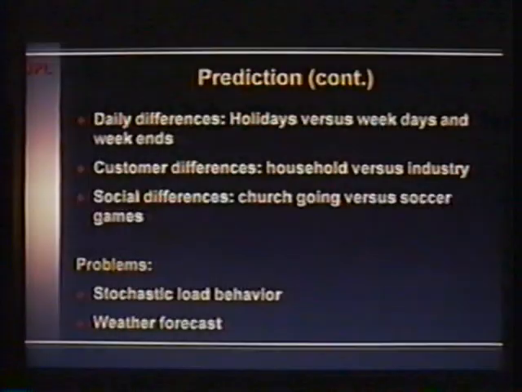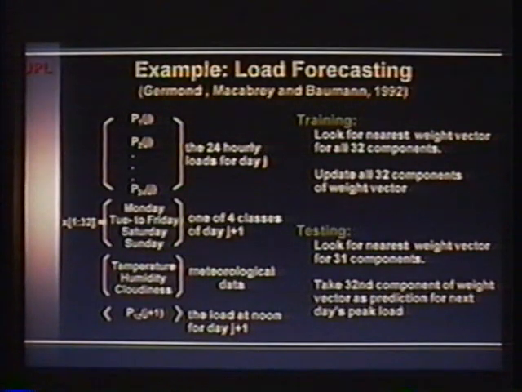We have daily differences, holidays versus weekdays and weekends, customer differences, household versus industry, and social differences, church going versus soccer games. And the further problems are stochastic load behavior and weather forecast. So electric load forecasting is a complicated statistical estimation problem.